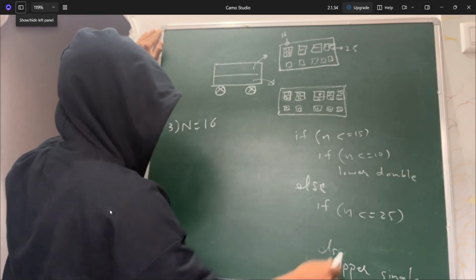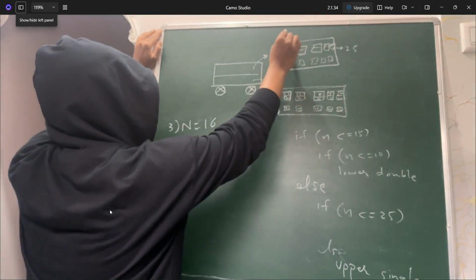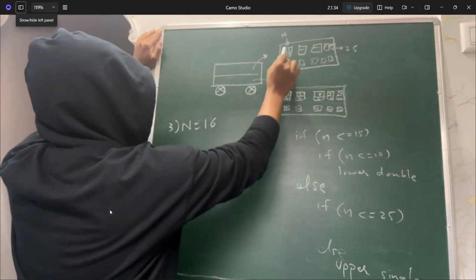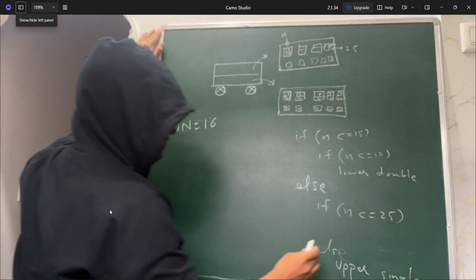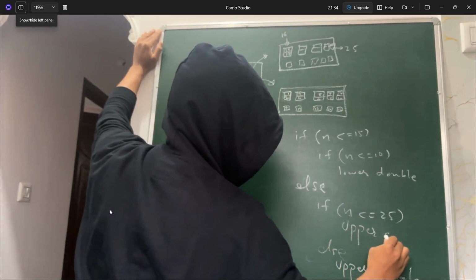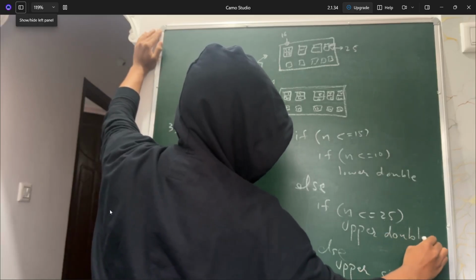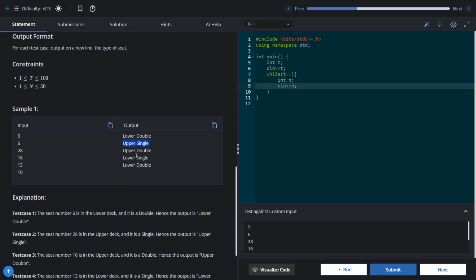So now we'll check if n is lesser than or equal to 25, which means it lies in the range 16 to 25, which is correct. 16, as you can see from the diagram, is in doubles. So here we'll have to print upper double. So in this case our answer will be upper double.